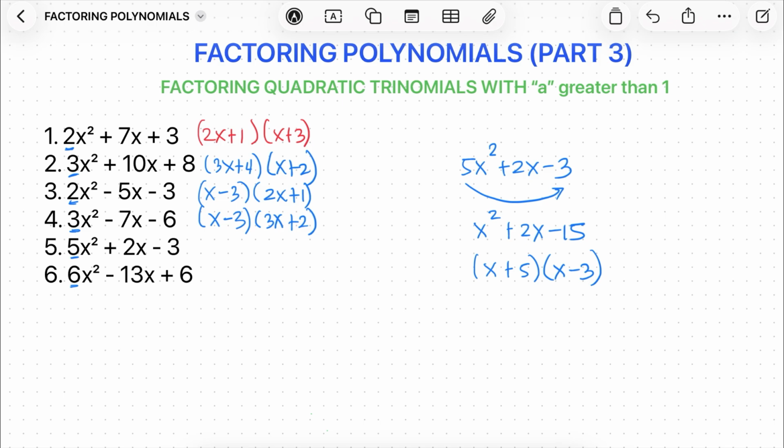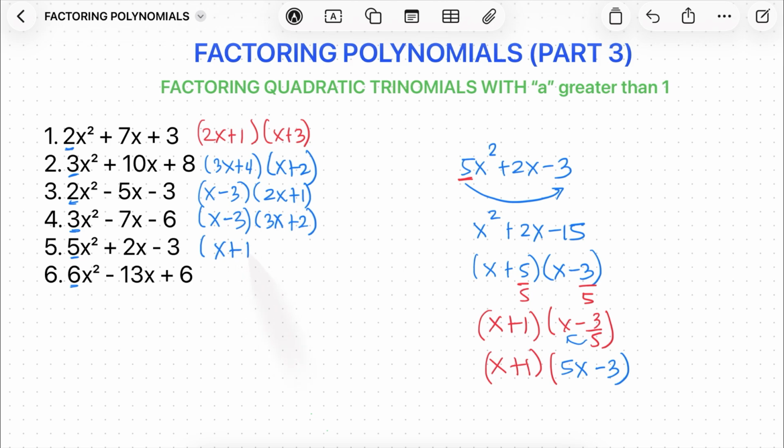And then we're going to divide both with the numerical coefficient 5. So this one will be x plus 1. And this one will be x minus 3 over 5, already simplified. But we may write our answer as x plus 1 times, multiply this, that will be 5x, then copy negative 3. Therefore, our answer would be x plus 1 times 5x minus 3.